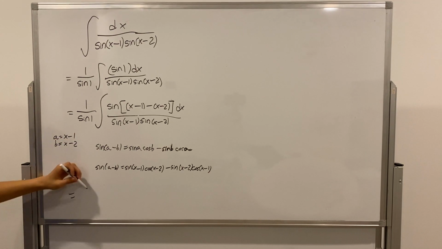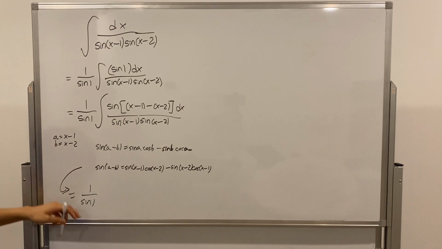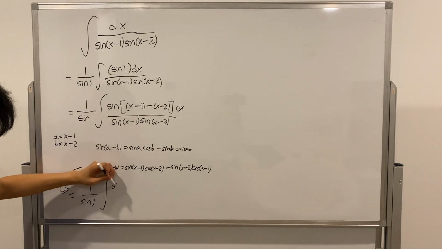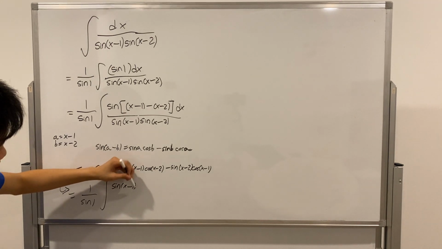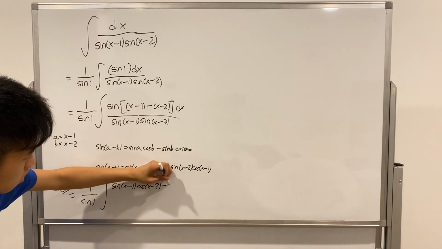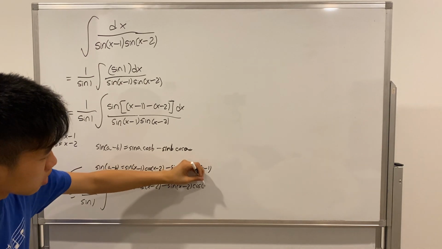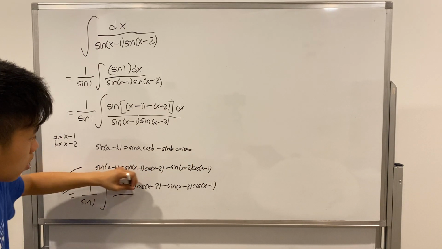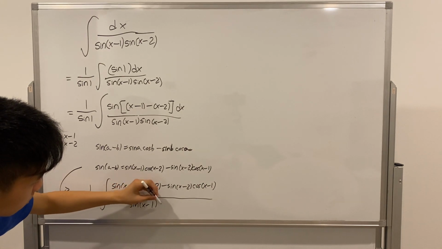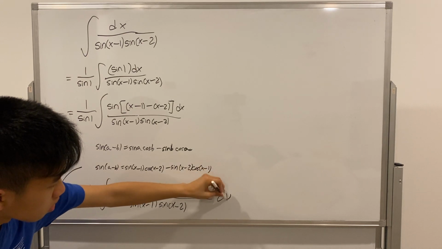So this is equal to 1 over sine 1, same integral. Now we'll have sine of x minus 1 cosine x minus 2 minus sine x minus 2 cosine x minus 1, all over sine x minus 1 sine x minus 2 dx.